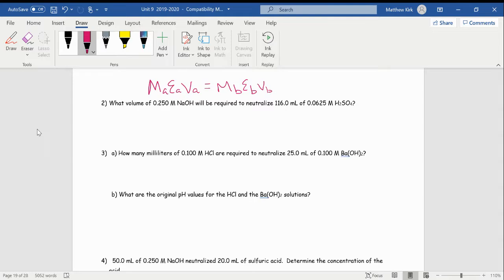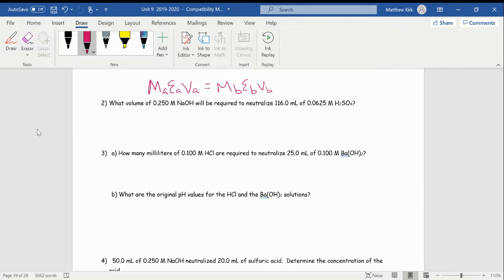Remember, M is molarity, E is our equivalence, that's the number of H's or OH's in the formula, and V is our volume. And for this more standard titration calculation, our volume units can be milliliters or liters. We don't have to specify.